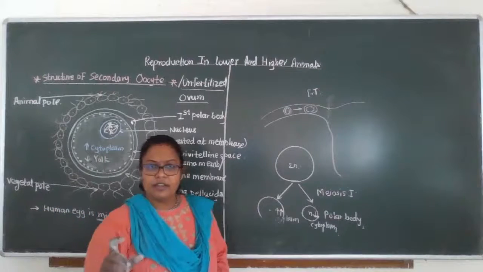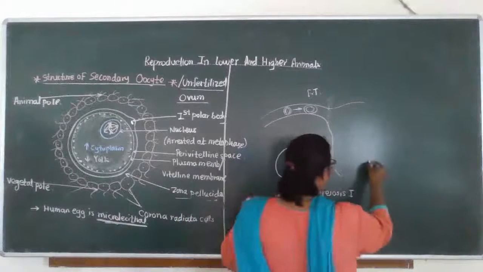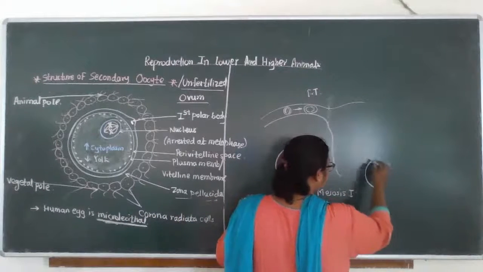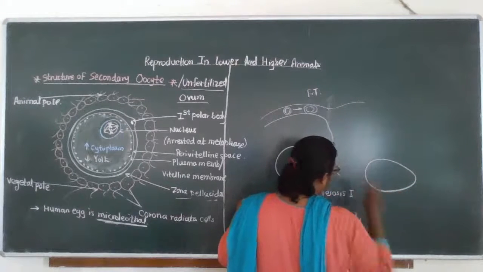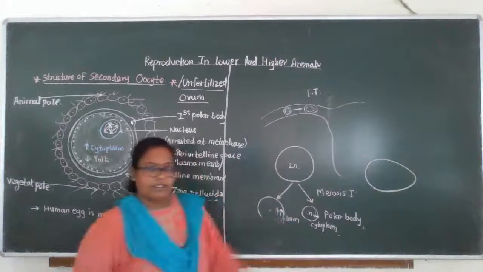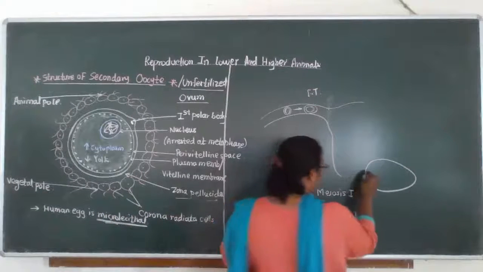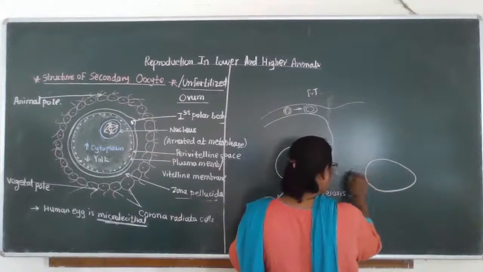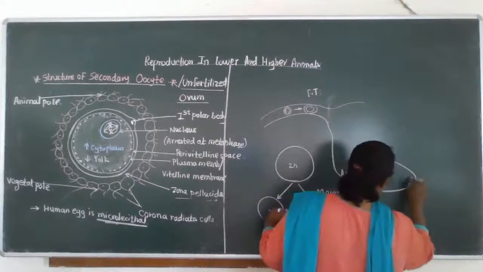You have seen a chicken egg. It has a broad base and a tapering region, right? This is a chicken egg. This side of the chicken egg is called the animal pole, and this is the vegetal pole.